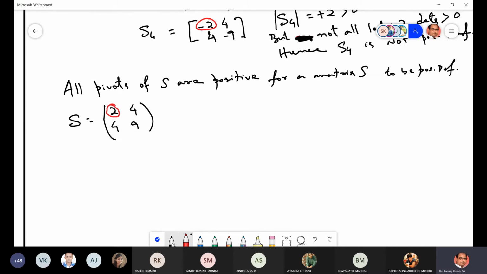Now in the process of elimination, what do you do to make this 4 become 0? Second row is equal to minus 2 times the first row plus the second row. That is what we do. So 2, 4 remain unchanged. This one becomes 0.